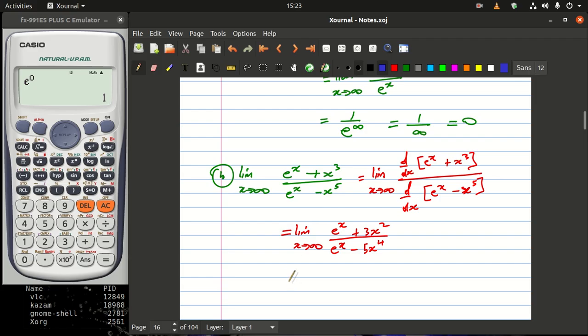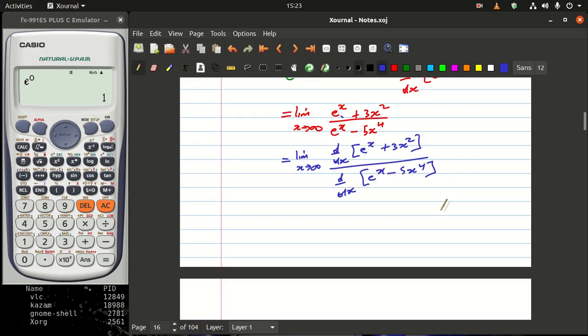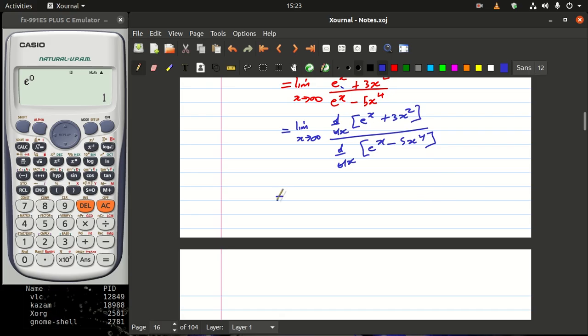And if we are plugging in, we're still gonna get the same thing. That is why we apply L'Hopital's rule once more, and we take the derivative of what is happening in the numerator with respect to x, and we have e to the power x plus 3x squared, and then you divide this by ddx of e to the power x minus 5x to the power 4. And if you look carefully into this, you will find out that we end up with the limit as x approaches infinity.